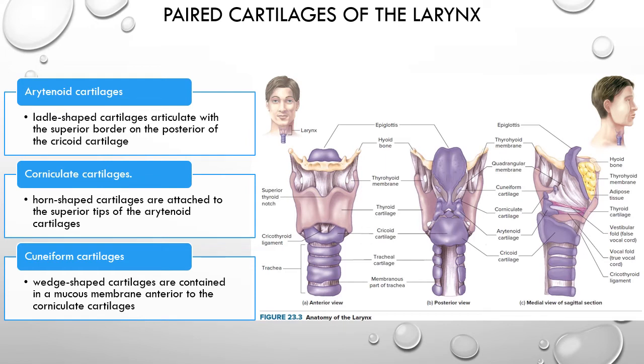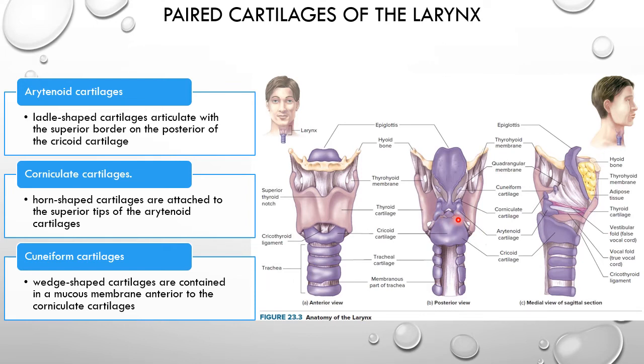Now, let's go to the paired cartilages of the larynx. Okay, you have an arytenoid cartilage, you have a corniculate cartilage, and a cuneiform cartilage. So, paired sila. Hanapin natin first si arytenoid cartilage. Okay, yung arytenoid cartilage mo would be here. Okay, ayan siya.